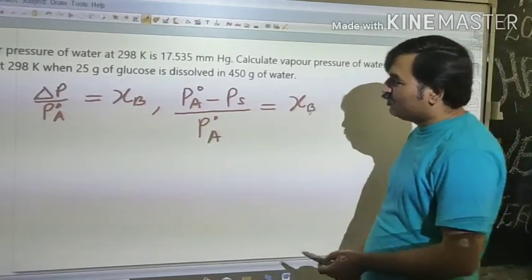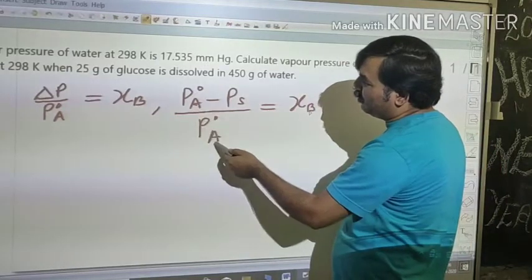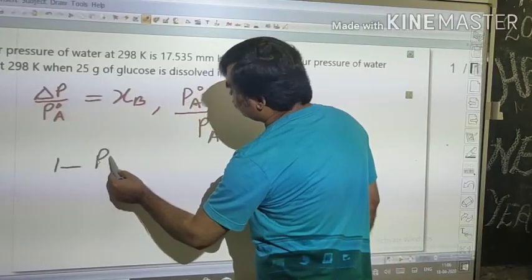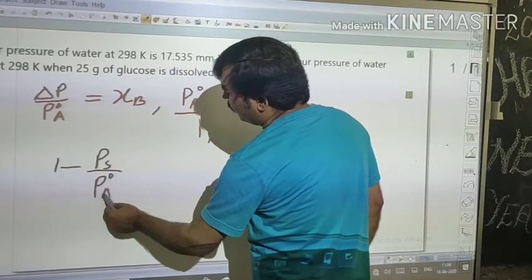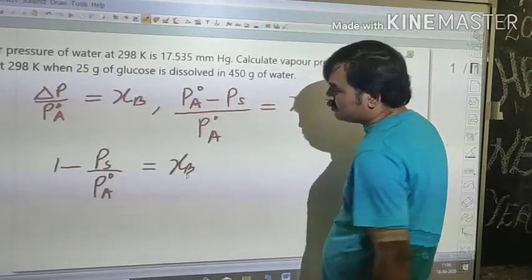So now put the value here again. We can write this equal. You can see here P naught A upon P naught A, so we can write this as 1 minus Ps upon P naught A. It will be equal to mole fraction of B.